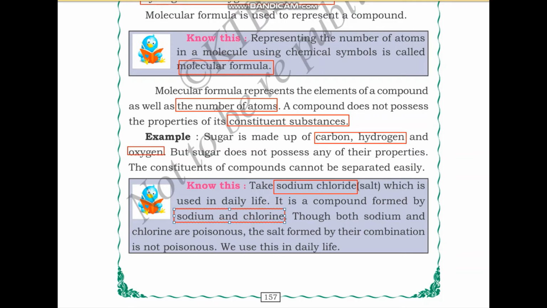Both sodium and chlorine are very poisonous to human beings. Is salt poisonous to us? No. The salt formed by their combination is not poisonous and we use it in our daily lives. So from this we understand that a compound does not possess the properties of its constituent substances.